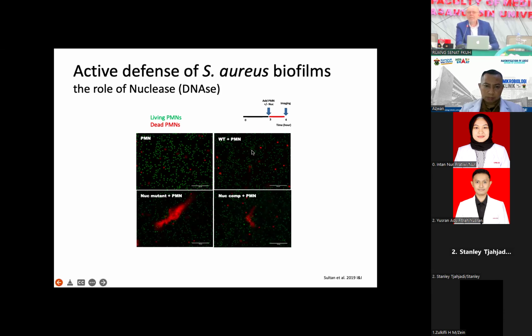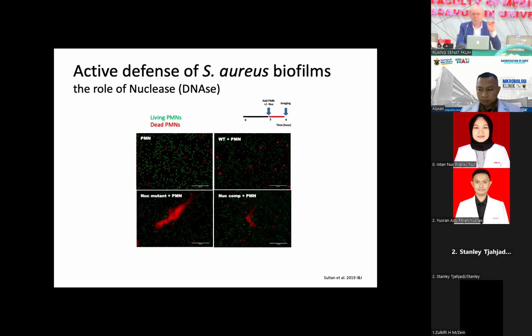When you add these neutrophils to a biofilm of Aureus, you hardly see anything. Yeah, you see some neutrophils becoming active. But when you knock out the DNase, suddenly there is this big smear of DNA, which is NETosis.